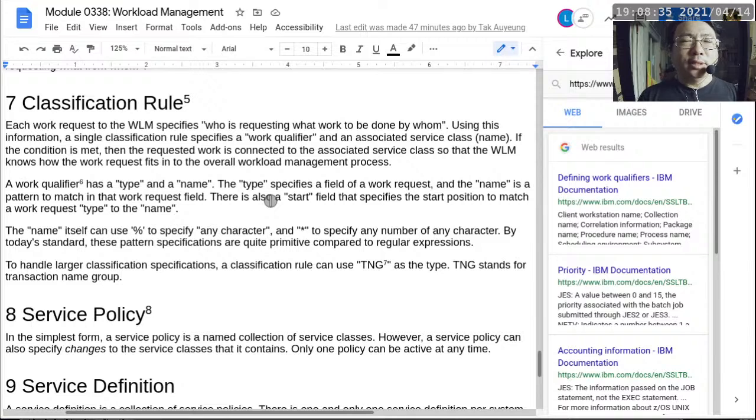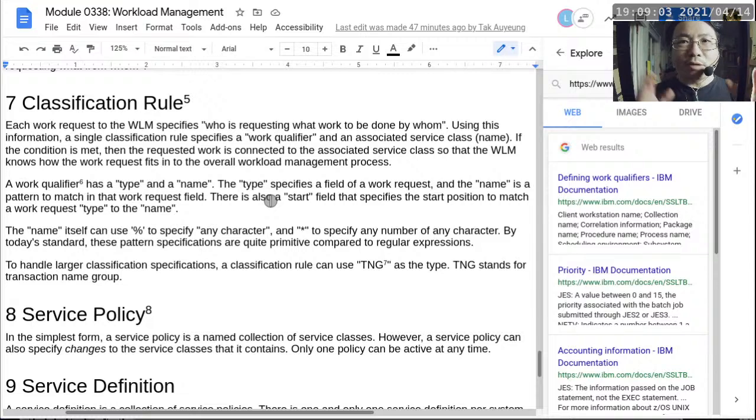Then the classification rule can say, we are going to use service class Arnold. In other words, we predefine a service class called Arnold, and then we are just using that as an identifier so that we can associate all the incoming work requests, the dishes that are ordered by Arnold, with the service class definition called Arnold.